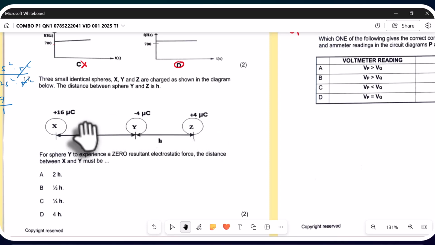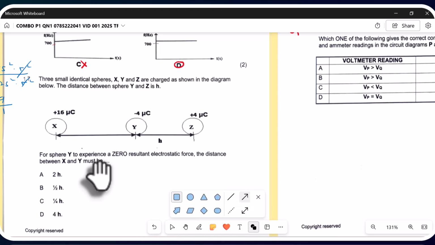So that means the force of attraction on sphere Y by Z should be equal to the force of attraction on the same sphere Y by sphere X, which I'm going to put in green color.